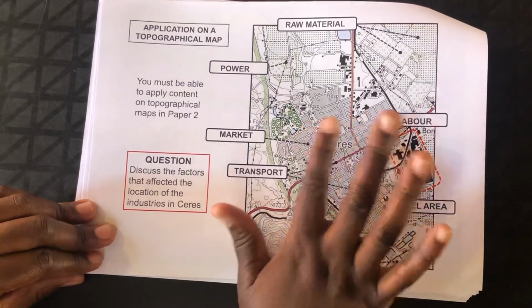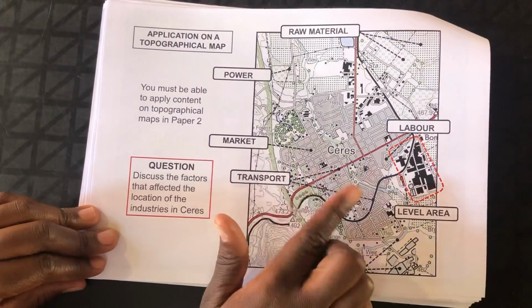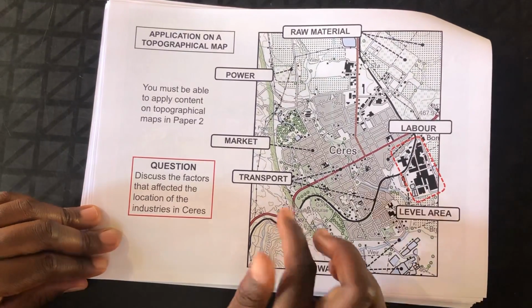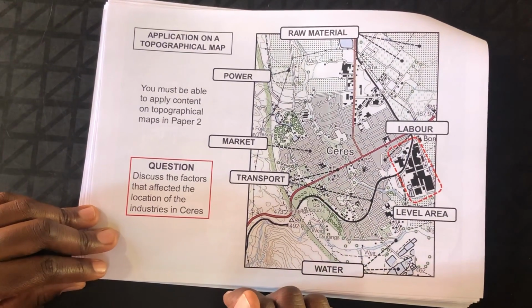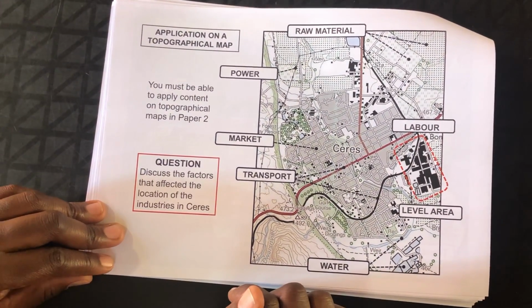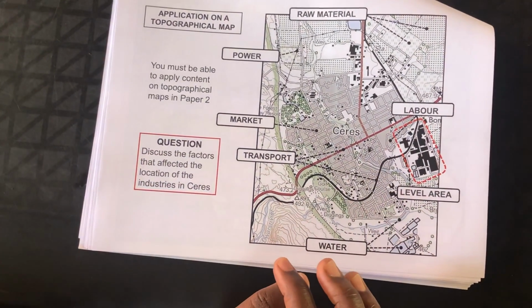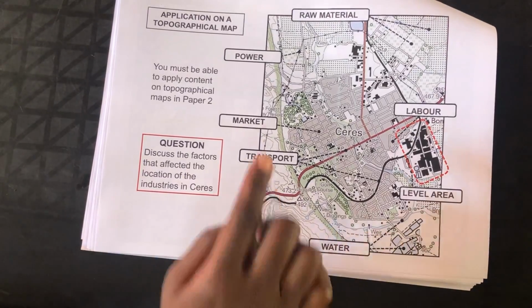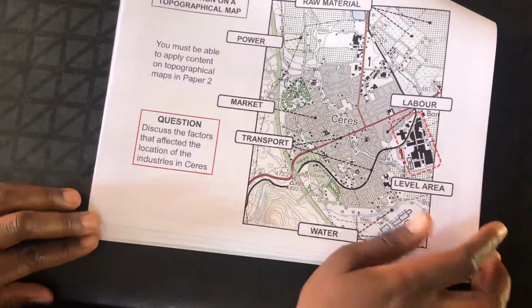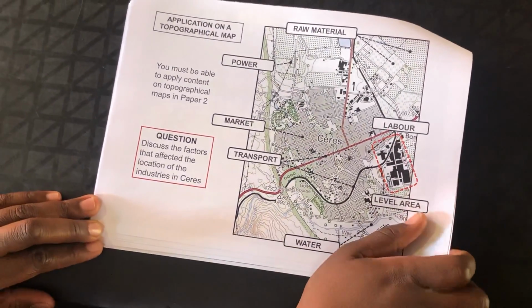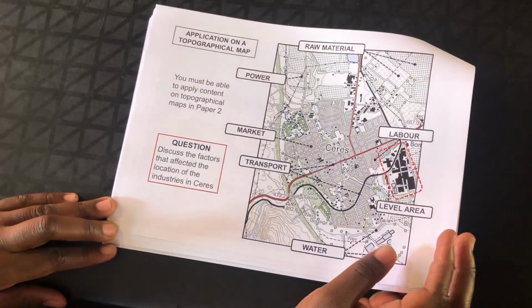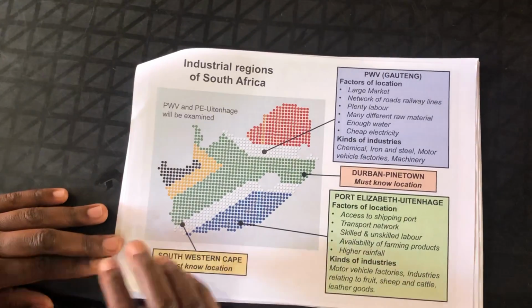You can actually see these are residential places, so it means the industry is close to the market. Roads, meaning availability of transport. Having the market there, it means that we also have labor available. Raw materials and also these power lines, they indicate that one of the factors that would have favored is availability of power supply.